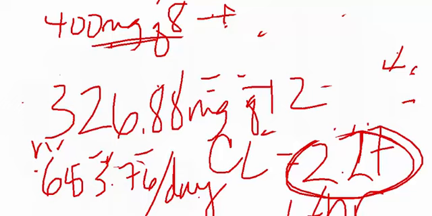Again, if you can only do 50 milligram increments, we could do 300 or 350 and put those into our equation and decide which one of them we want to have.